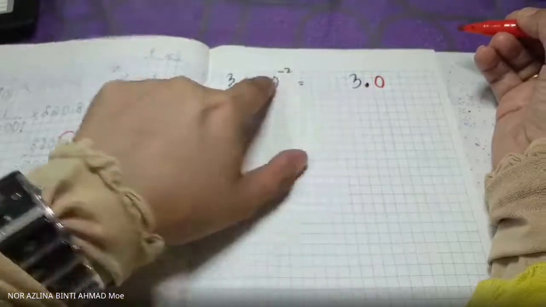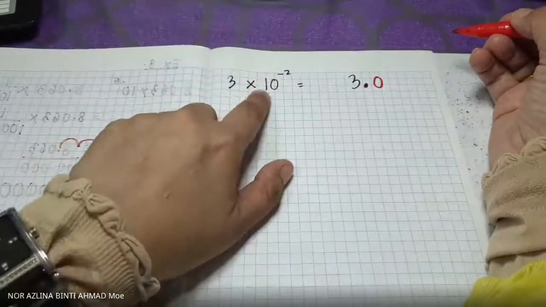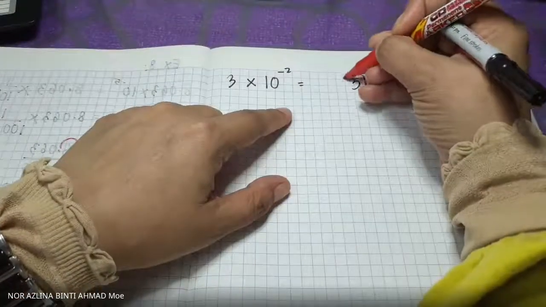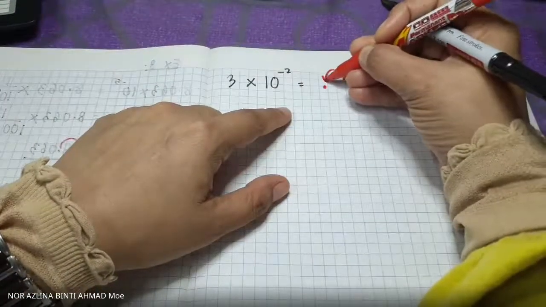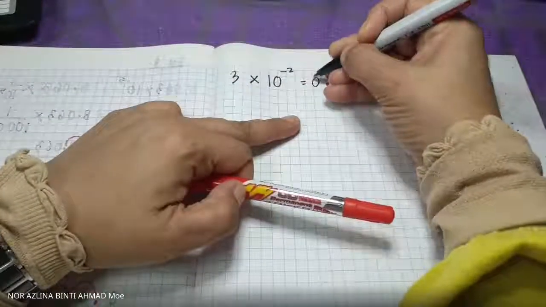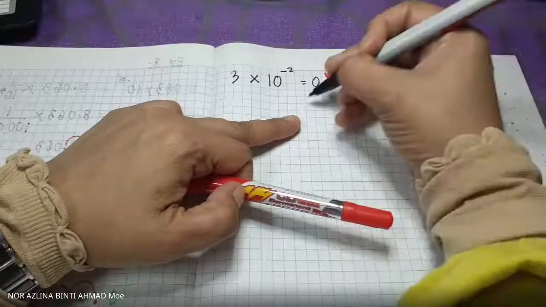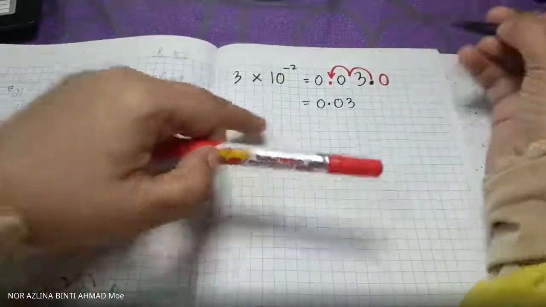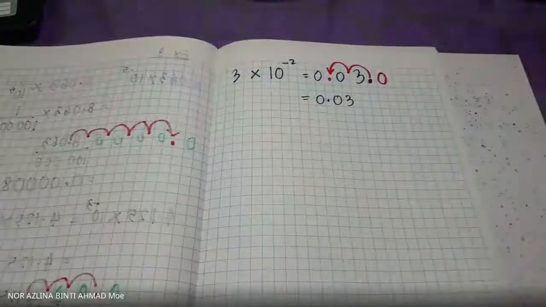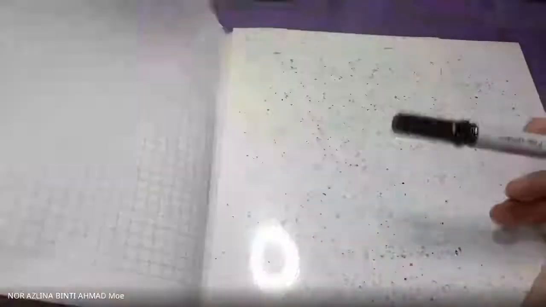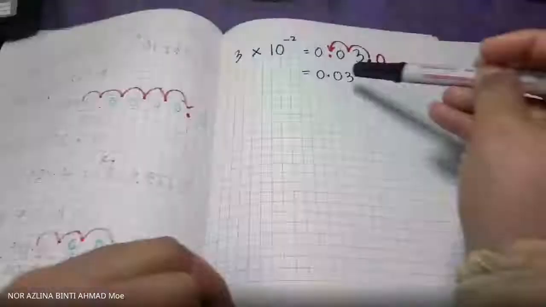So we move to the left, multiply negative indices to the left. The answer becomes 0.03. This is another way. If you don't want to use this long way, you can use the way I do.